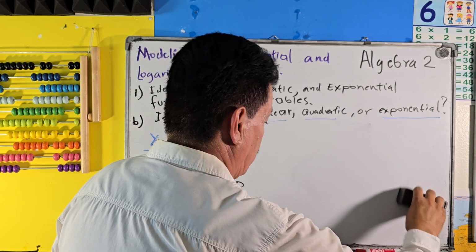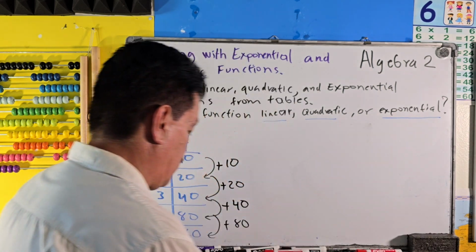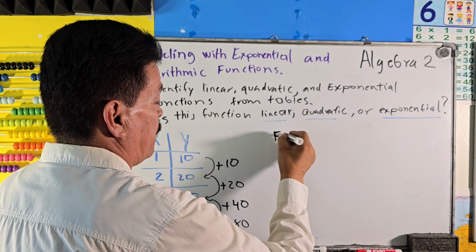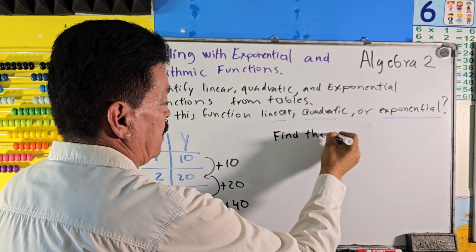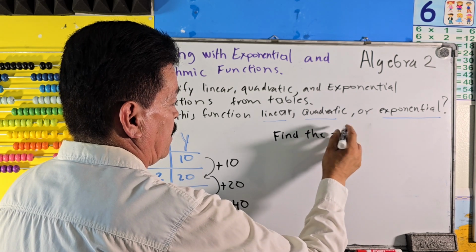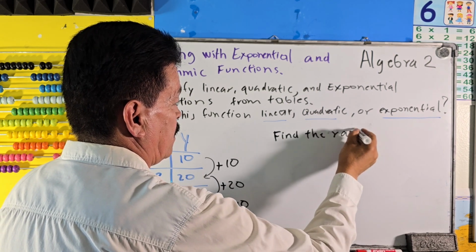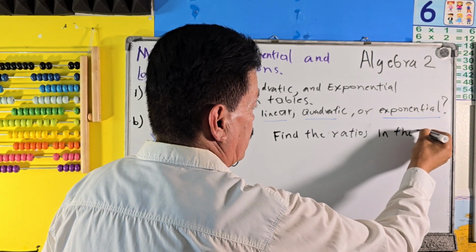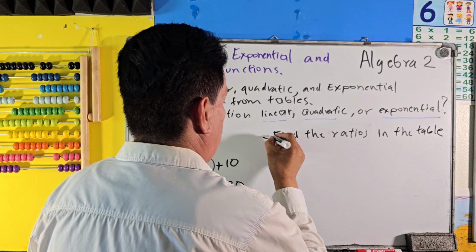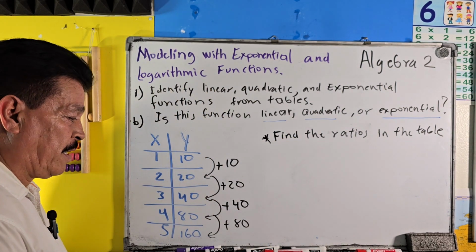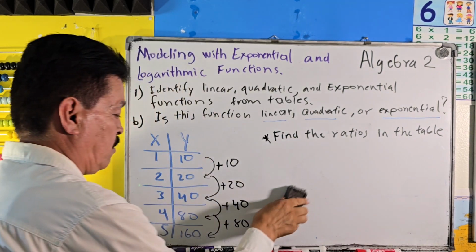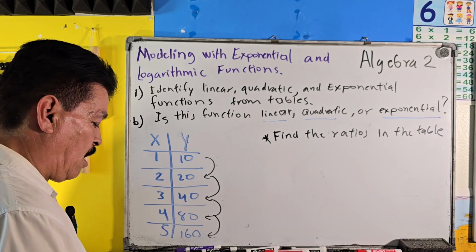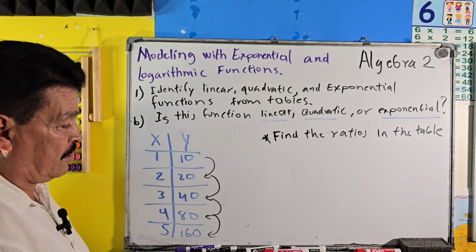Now I will erase it and continue. Now we have to find the ratio. Next step, find the ratio in the table. How do we find the ratio here?